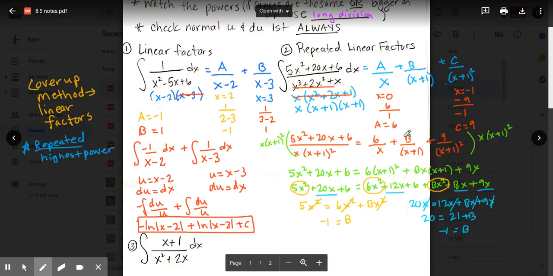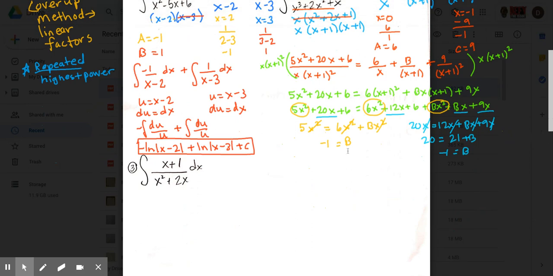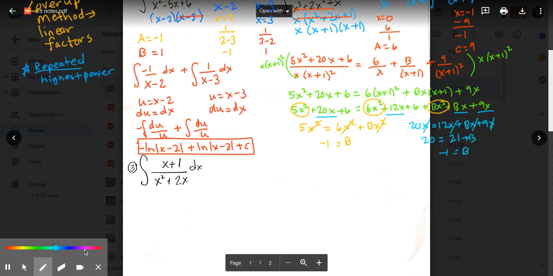Now we go and plug those back in and integrate. Let's see if I can get some more room here. Okay, so the last part of this is your a is 6 over x. That's your first integral. Plus your b is -1 over x plus 1.